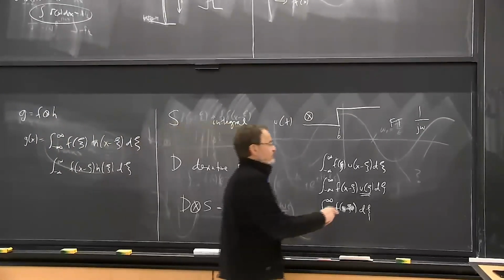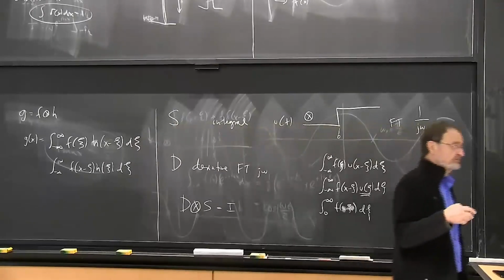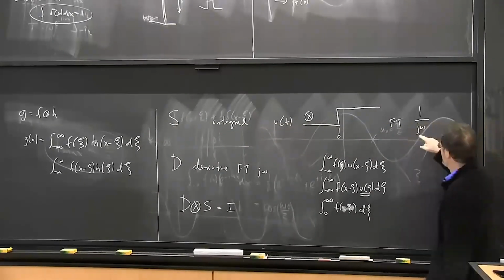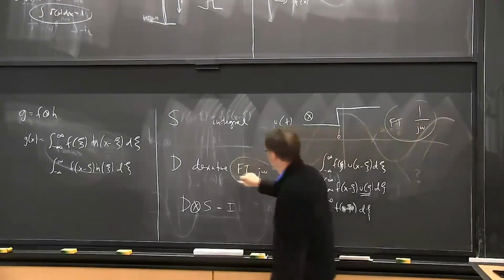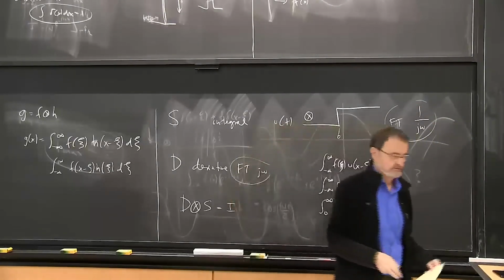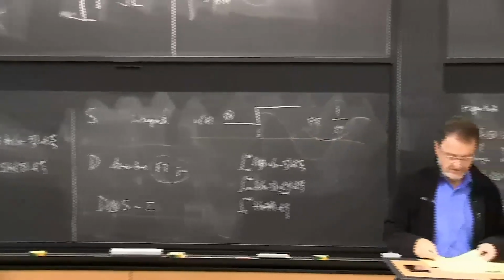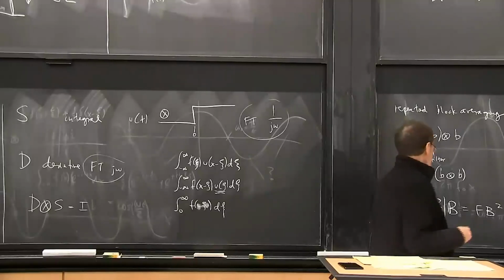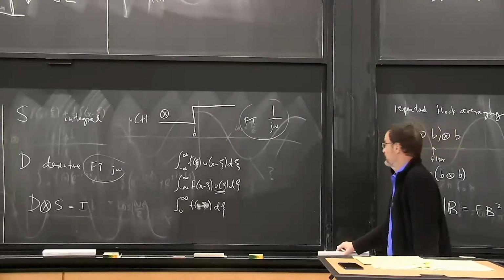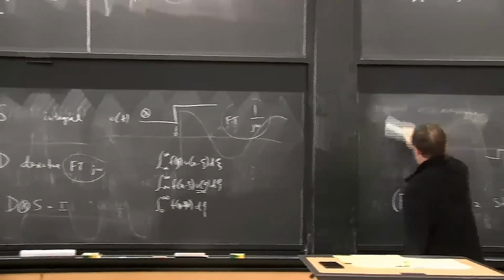And in the Fourier transform domain, convolution corresponds to product. So in the transform domain, we get the product of this and that, which of course is 1. So that's consistent. Okay, so the key thing really is that these operators can be treated as convolutions.